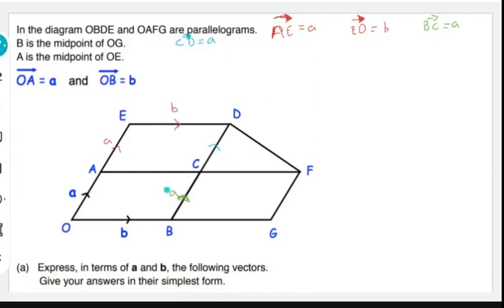Any others? Is B to G one? Yeah, b. G to F. Yep, a. And C to F. What is C to F? a plus b. Nice. And what about A to C? Oh, a plus b. Cool.